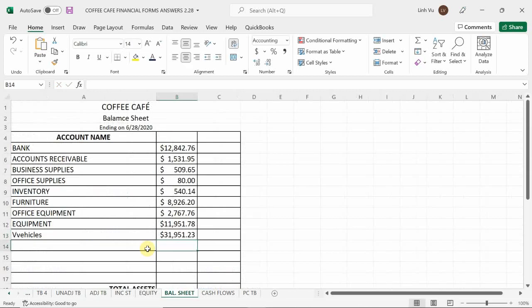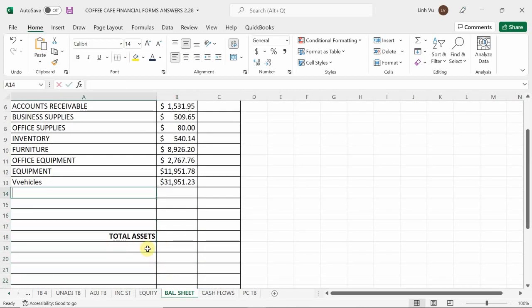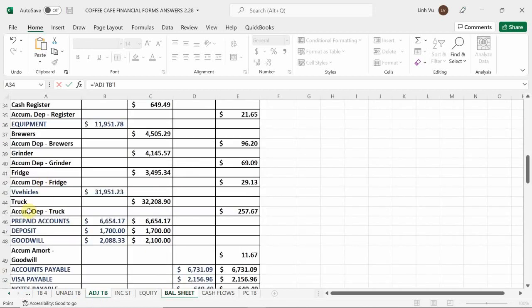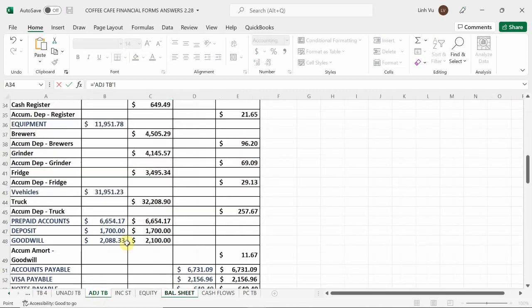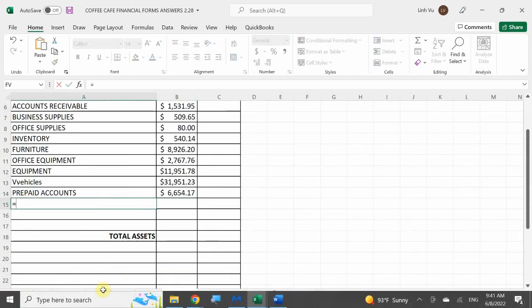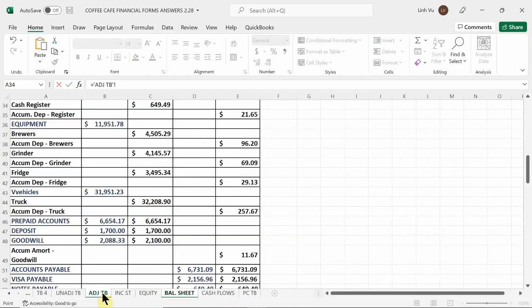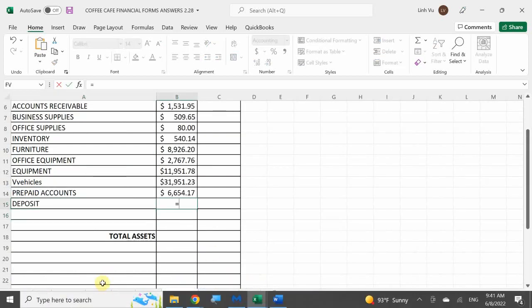That's my book value. And then let's see what I have next. Next asset I have here is my prepaid accounts. Okay. At 665417. Next asset I have, so I'm working on other assets here. I have deposits, okay, at $1,700.